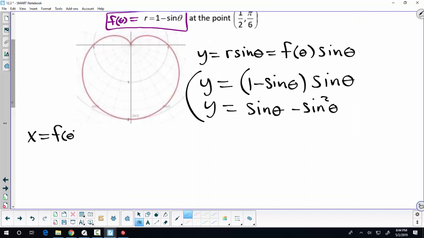X is f of theta times cosine theta. So it's 1 minus sine theta times cosine theta. So our f of theta is r. And so x is cosine minus sine cosine.